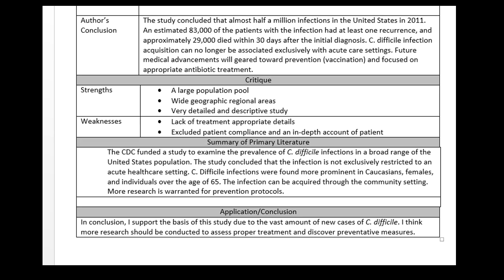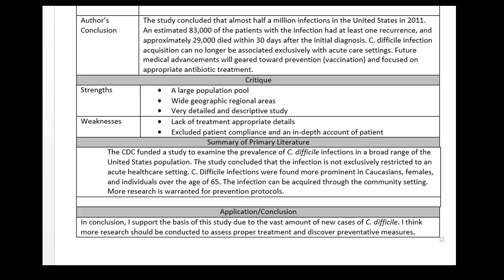As far as the authors' conclusion, like I was saying, an estimated 83,000 patients with the infection had at least one recurrence, and then approximately 29,000 people died within 30 days of the initial diagnosis.